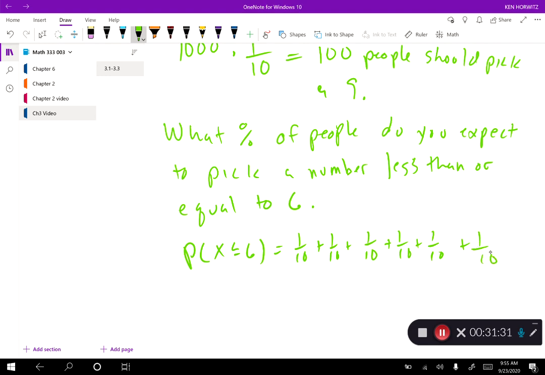So that would be 0.6. So what percentage of people would it be? It would be 60% of people. Right? And whatever sentence that you would create.